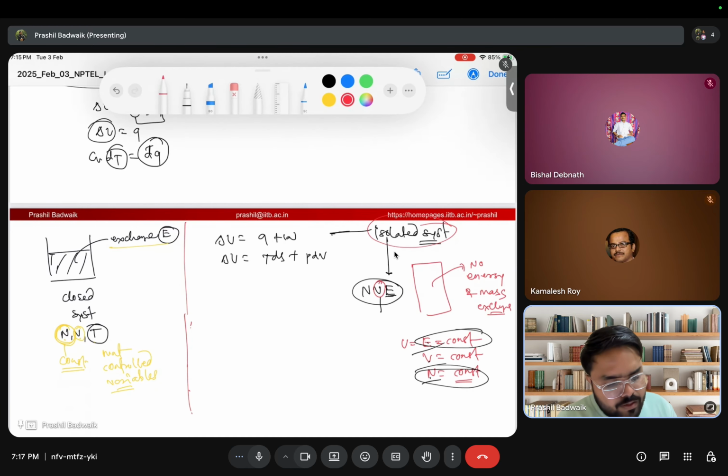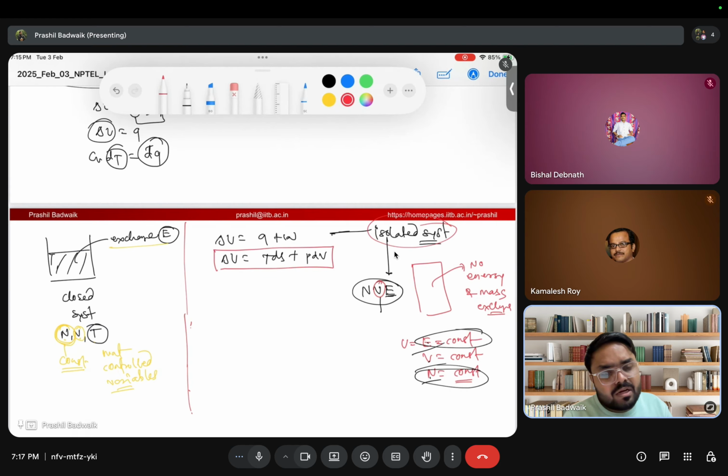Right? So, in this equation, what are my controlled variables? You can see here TDS is written.